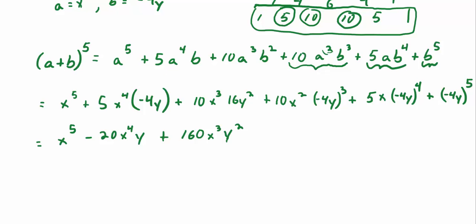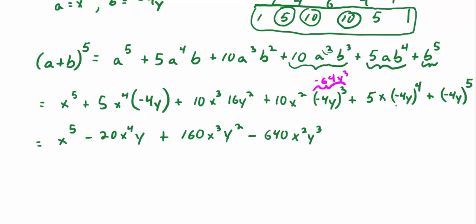Yeah, that's true, because this guy is negative 64 y cubed, right? So the minus sticks around because of the odd exponent, so that'll make it minus. Okay, 64 times 10 is the 640 that you mentioned, and then x squared y cubed.